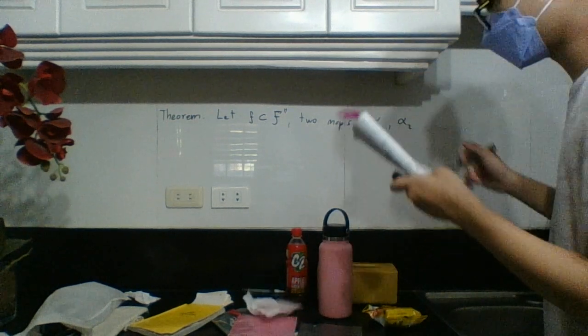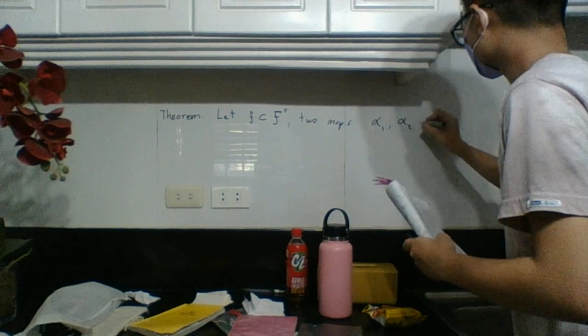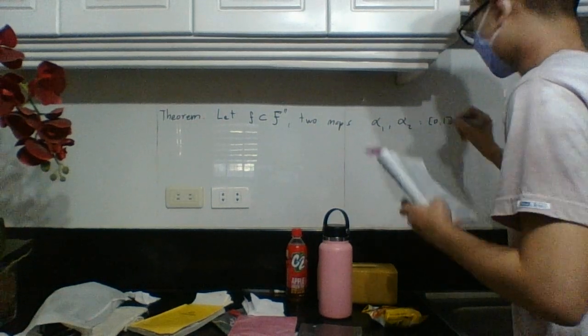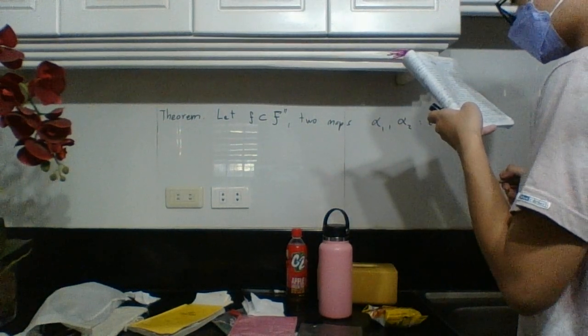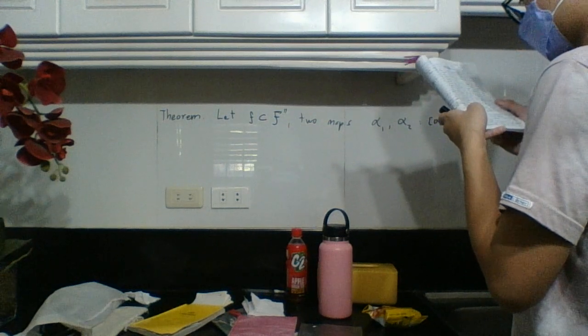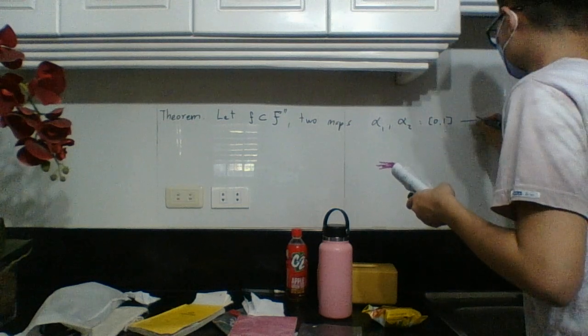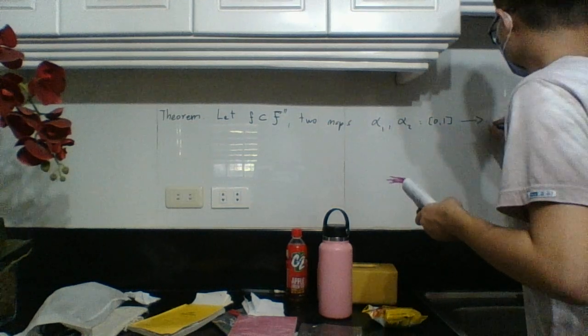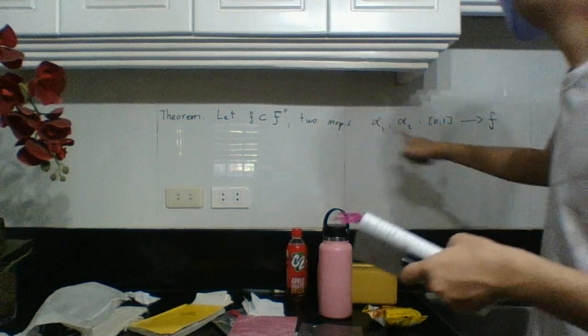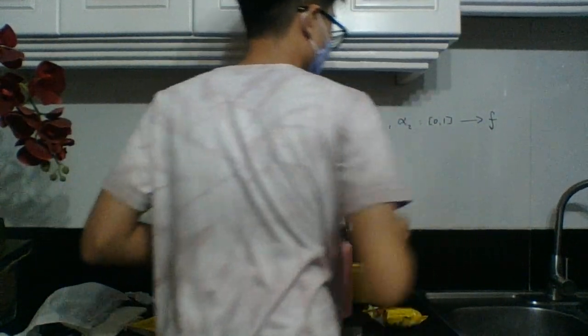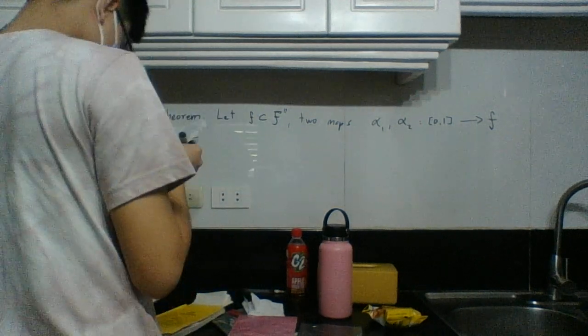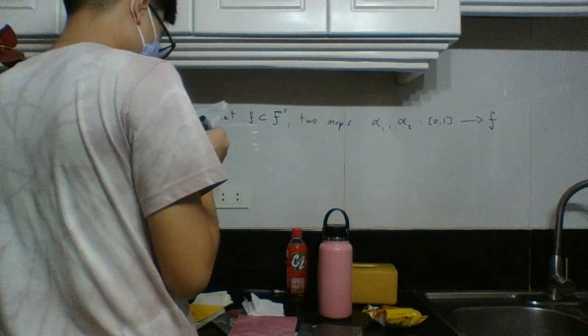So two maps, alpha 1, alpha 2, that map 0, 1 onto this subset. So we assign a number for every element here, so it's like a listing, right? But at the same time, this is described as a path, or a line, a fine line.